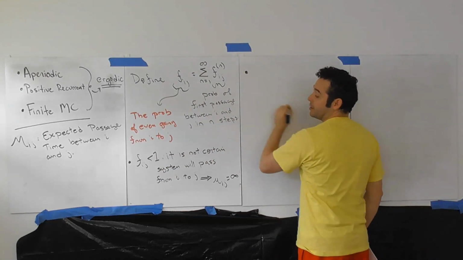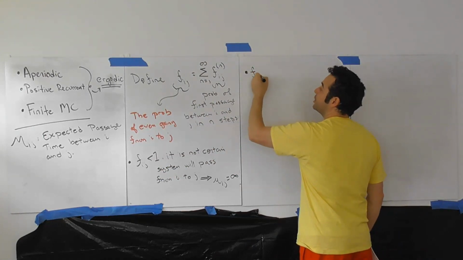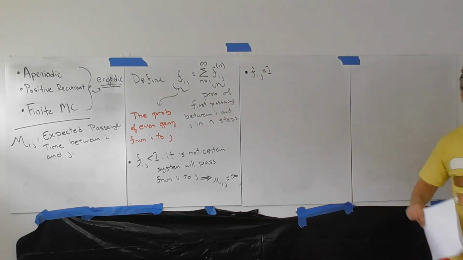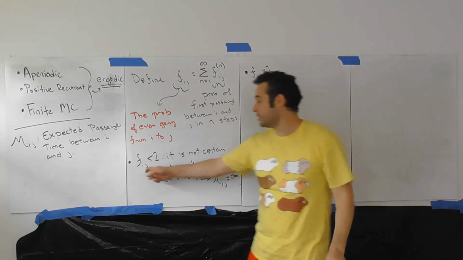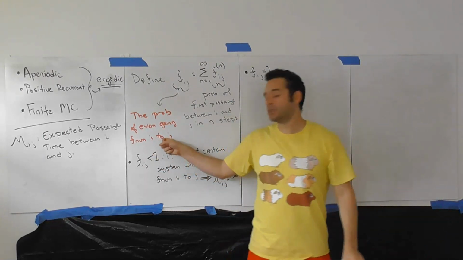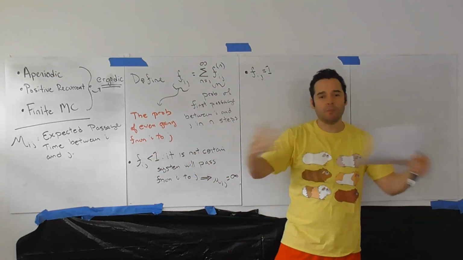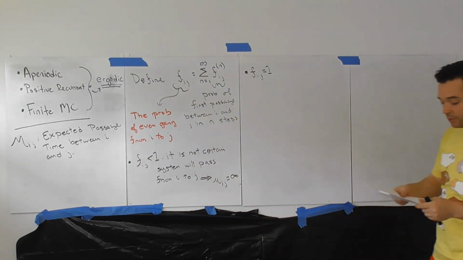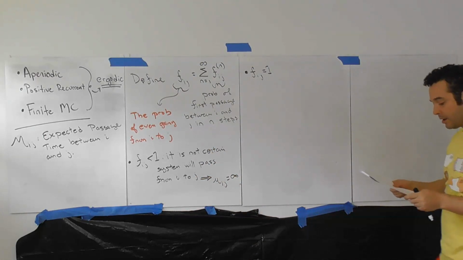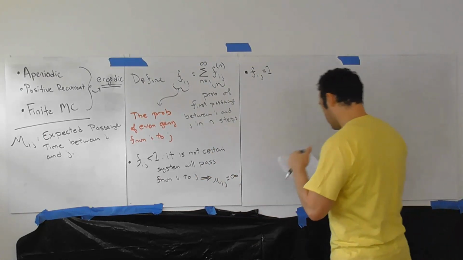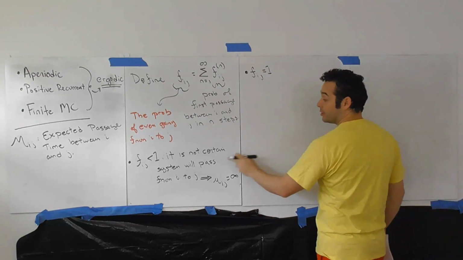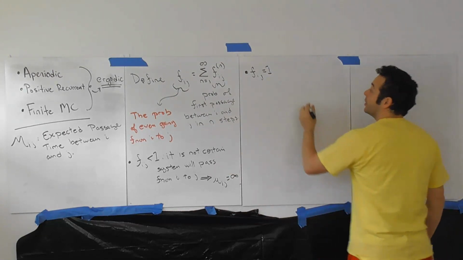Alternatively, if Fij is equal to 1, that means we're guaranteed to, at some point, let's say if I'm unhappy, what's the probability that at some point in my life I become sad? Well, if that probability is 1, then it is certain the system will pass from i to j.